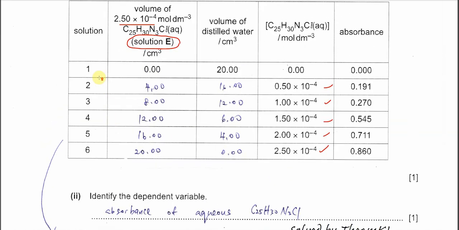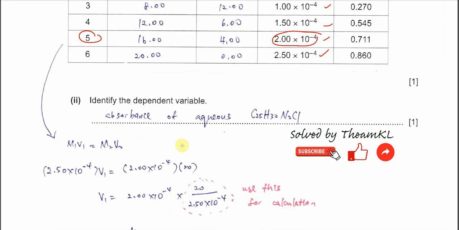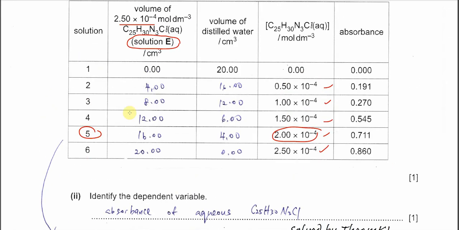Let's use solution 5. If we want to prepare this concentration, 2.00 times 10^-4 mole per dm³ from solution E, because it's a dilution, we must use M1V1 equals M2V2. M1 is the concentration of the more concentrated solution, solution E in this case.